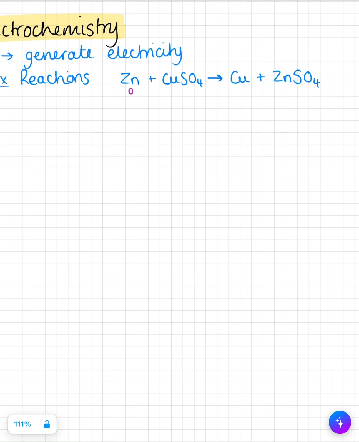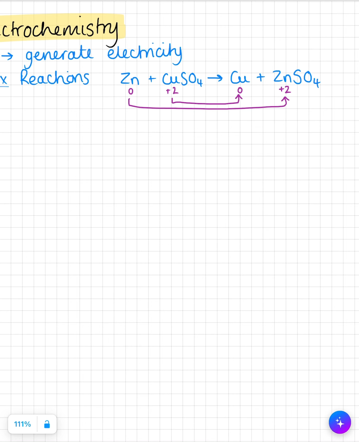So we've got zinc oxidation number 0, copper is +2, and then we end up with copper as a 0 and zinc with a +2. So the zinc has been oxidized and the copper ions have been reduced. This is an example of a redox reaction.